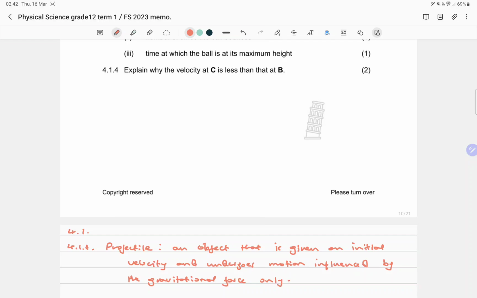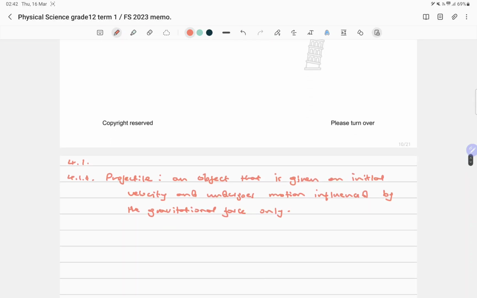Okay, great stuff. So it is undergoing free fall, but it gets an initial velocity. That is the most important.